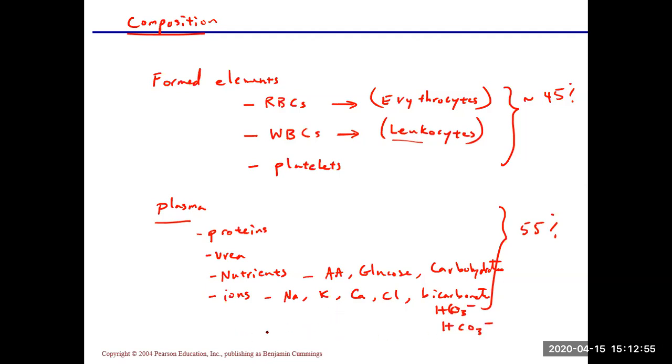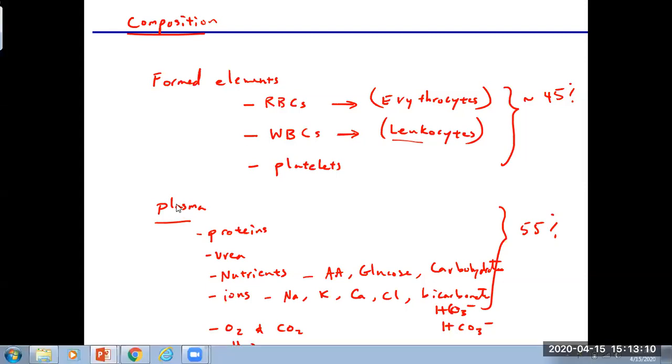There are also gases, oxygen and carbon dioxide. And the majority of it is actually water. So that's the plasma portion of it.